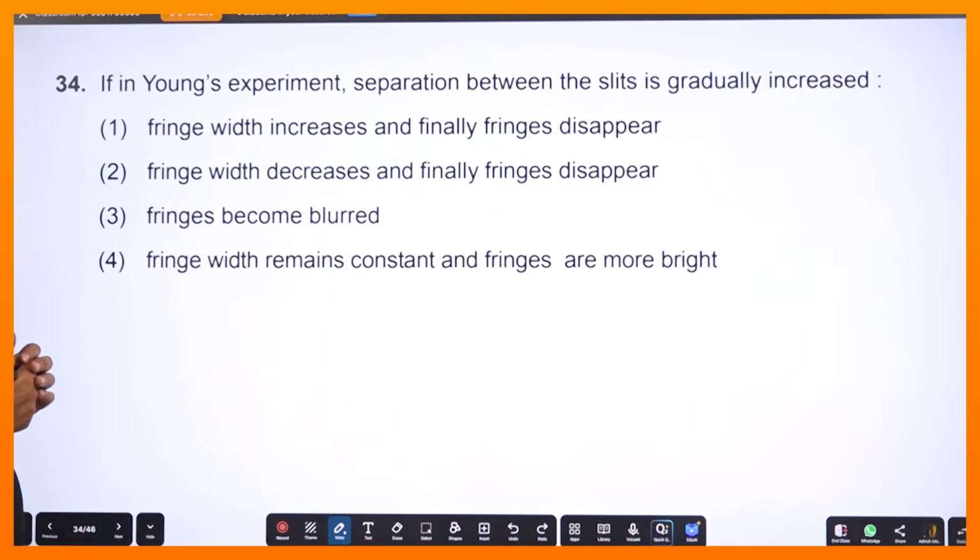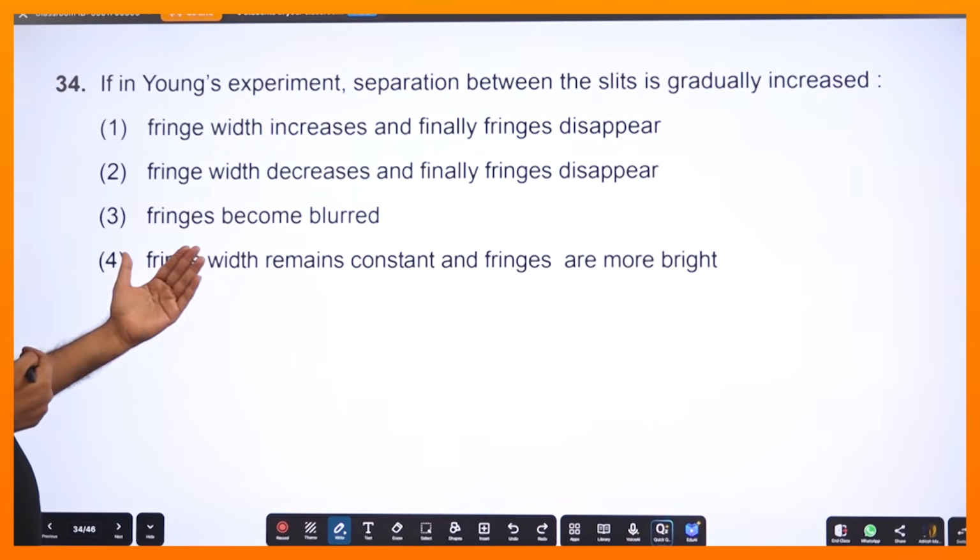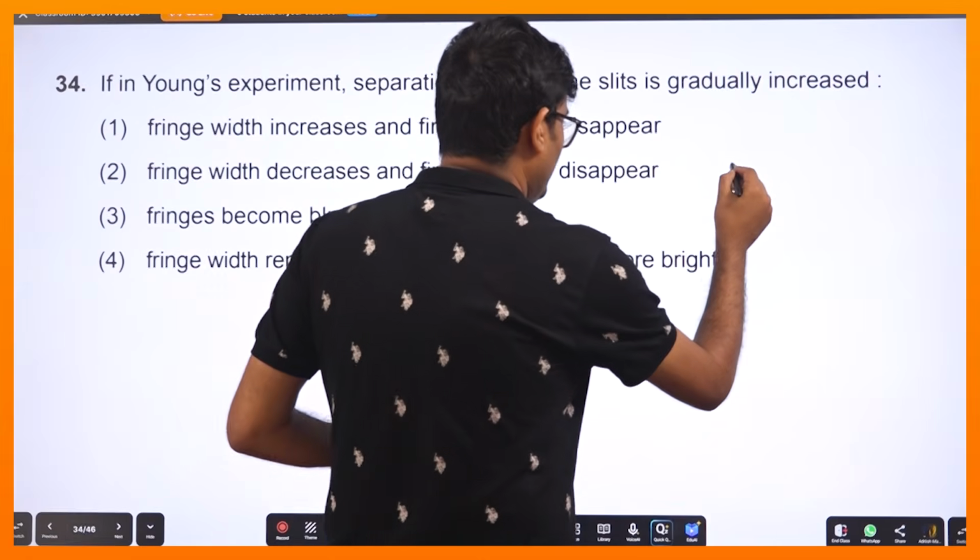If in Young's experiment, the separation between the slits is gradually increased, the fringe width will increase or decrease? What is fringe width?